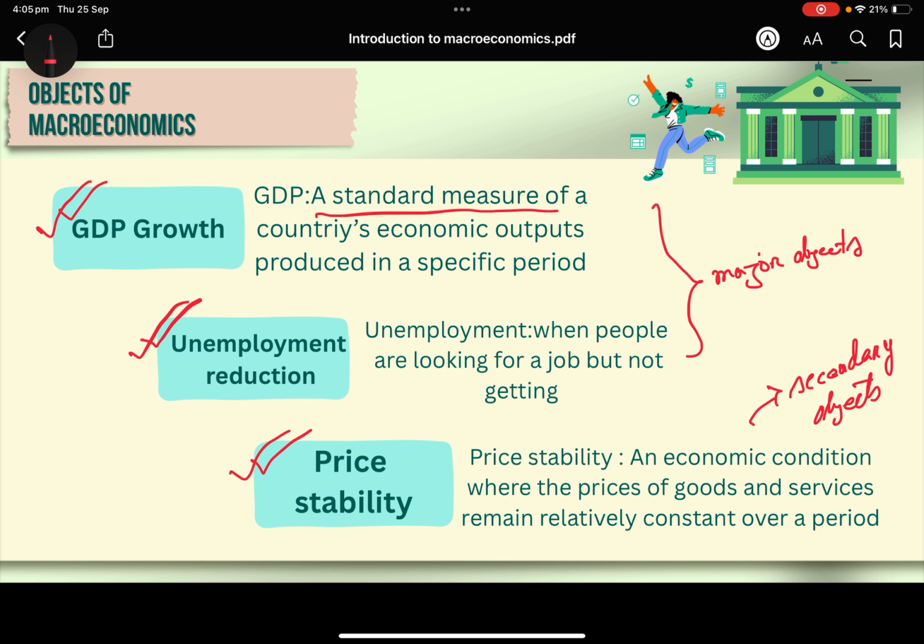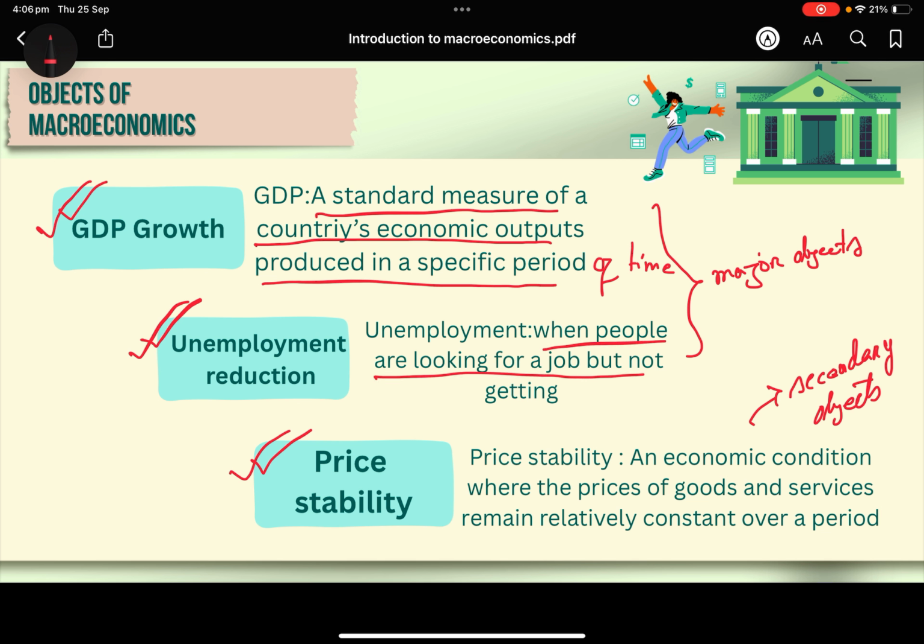GDP is mainly a standard measure of a country's economic output produced in a specific period of time. Okay, unemployment reduction means less unemployment. So what is unemployment?